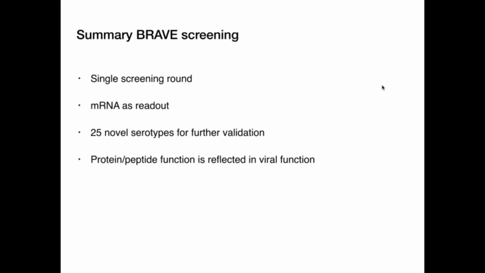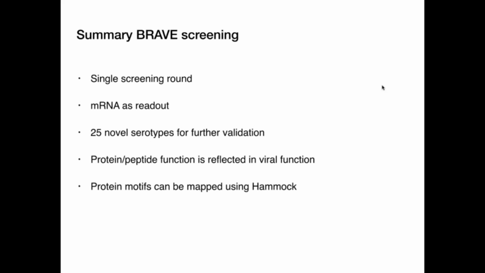And we can see that the protein or peptide function from the original protein, or in many cases, in this study, from viral capsids, is reflected in the AAV viral function that we can see.